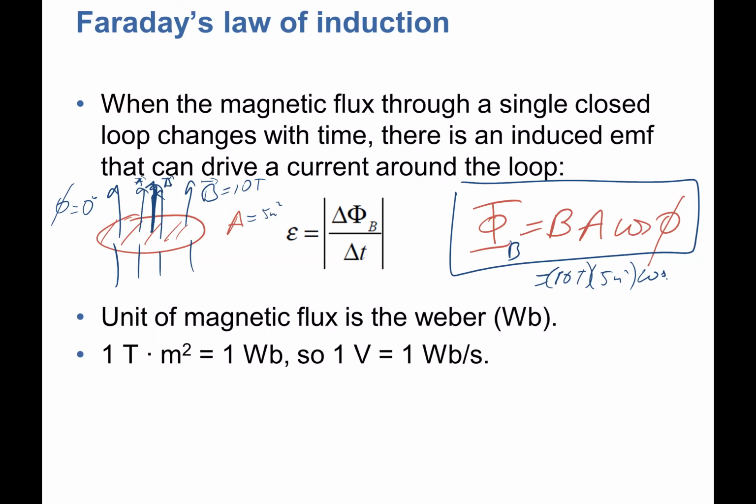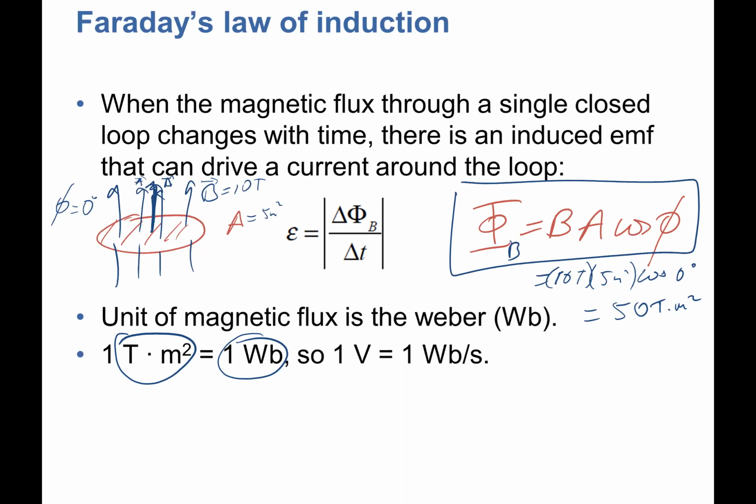So the angle between those two is 0 degrees. That means I get 50 Tesla times meter square as the magnetic flux. All right, but here's what we're gonna do. We're gonna take this Tesla times meter square as a unit, and we're gonna define that as Weber.